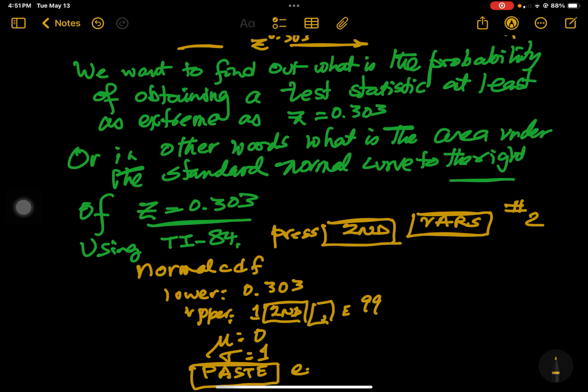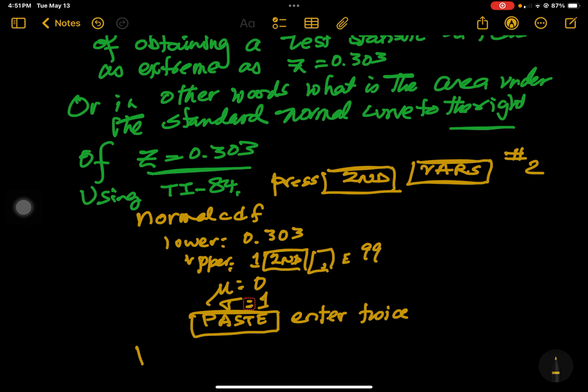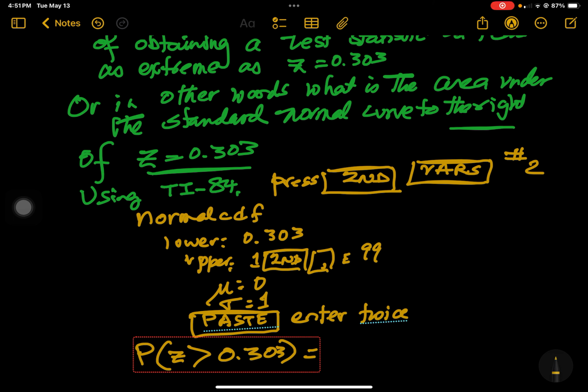Remember, when you are on Paste, hit enter twice. So the probability of z greater than 0.303 is equal to, by the calculator, 0.381.